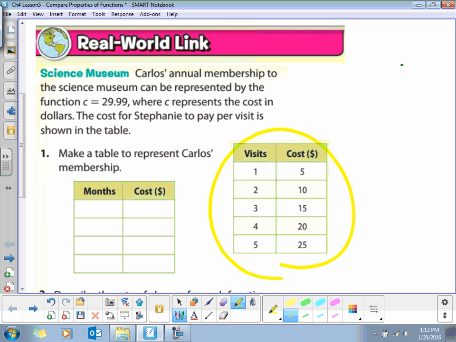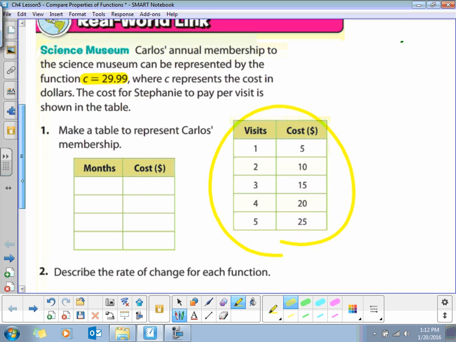There's one function. Where's the other function? It's in the equation, right? C is equal to $29.99. So we have a function in equation form, and we have it in table form. And we are going to compare those two functions by answering these questions.